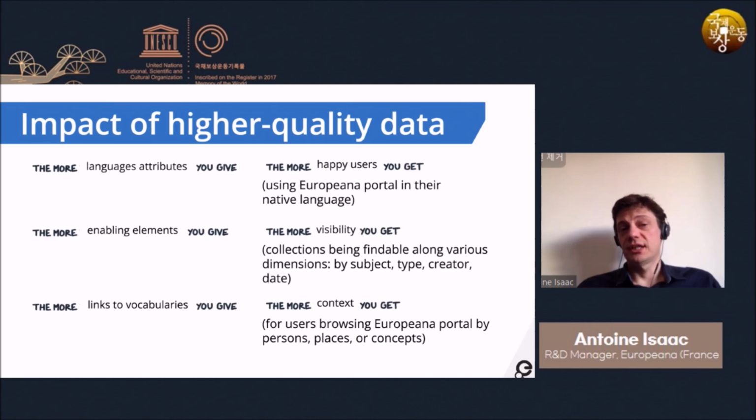Again on this slide, that's the sort of speech that we say when we explain the score. The more language attributes, the more happy users can access Europeana in their own language.